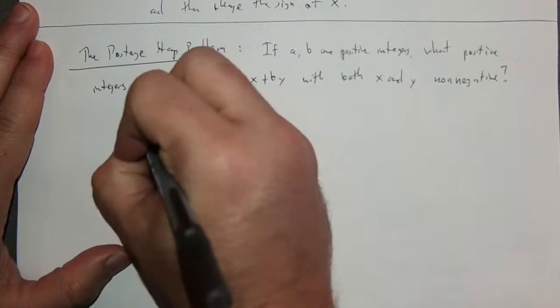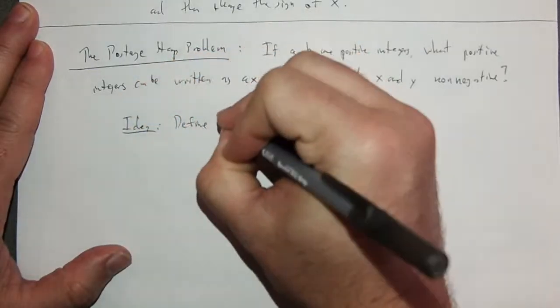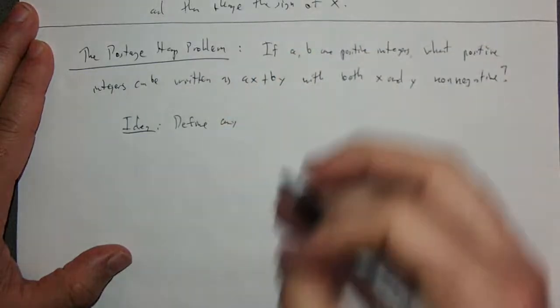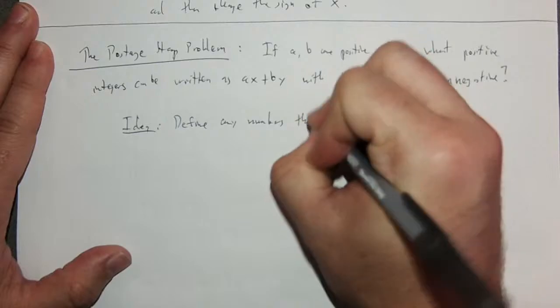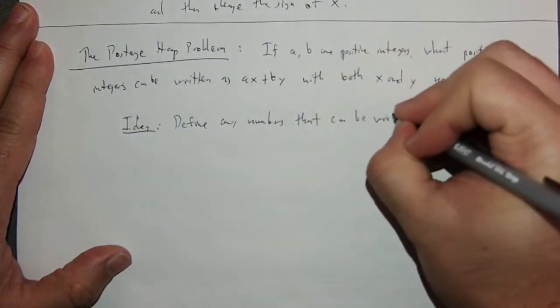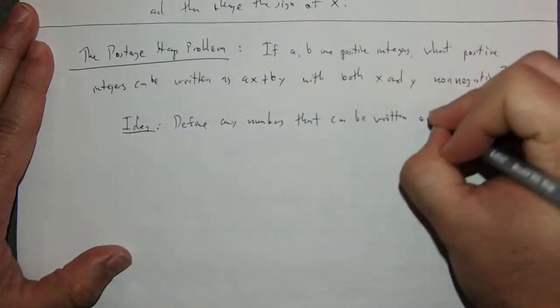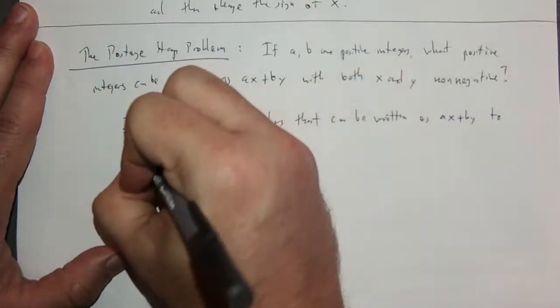So the idea. Let's define any numbers that can be written as ax plus by to be feasible.